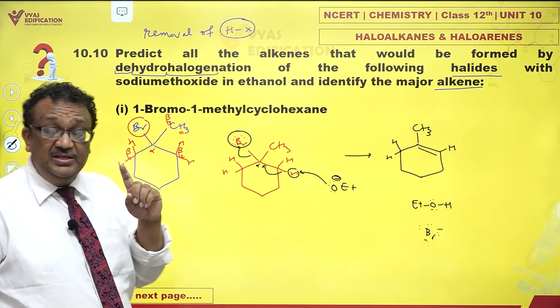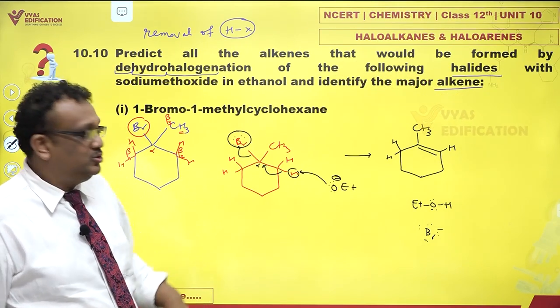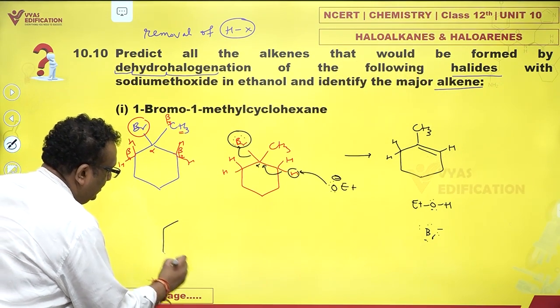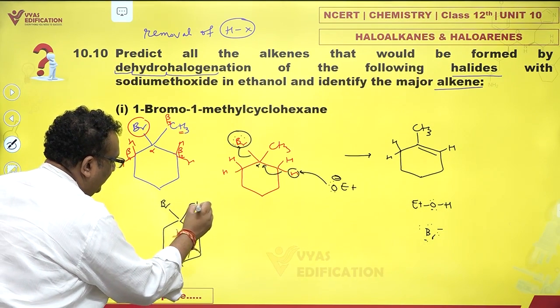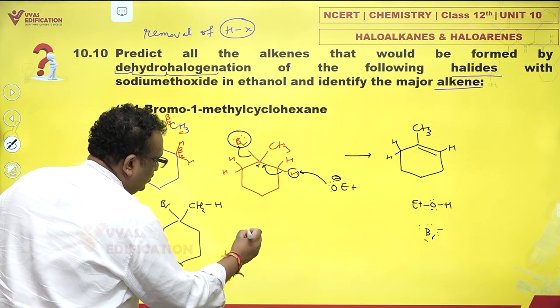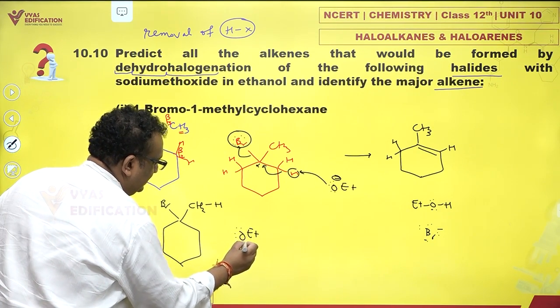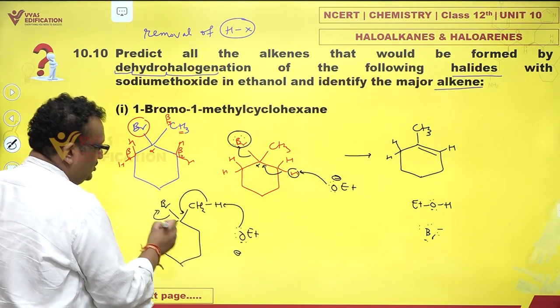Is there a minor product also? Yes. And what is that? I'll show you that also. You have Br, and you have the CH2 hydrogens. So I use EtO minus, donate, jump, push out.